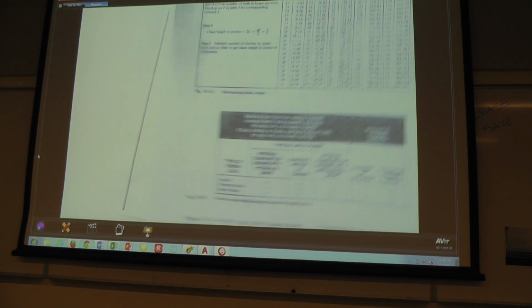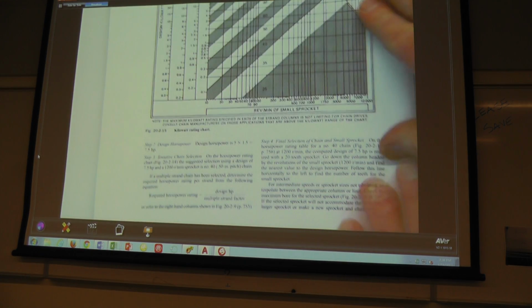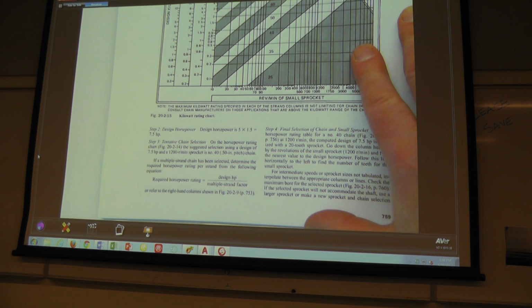All right, so we're going to take our design horsepower and multiply that by 1.5. If I can find the page that that's on. So let's switch over to here. All right, the next page over just talks about design horsepower.